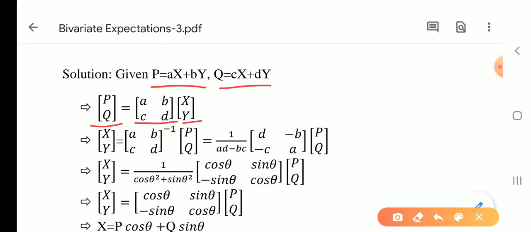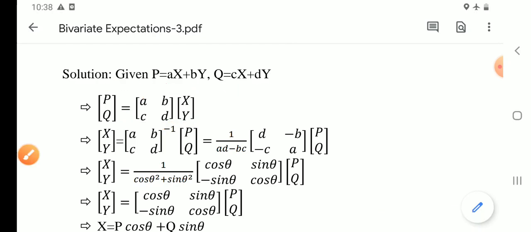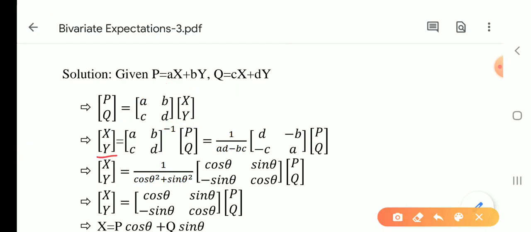Now what we have to do? We have to express XY in terms of PQ. So the square matrix ABCD we will take to the left hand side. When it goes to the left hand side, it will take the inverse. That is, the column matrix XY is equal to the square matrix ABCD inverse into PQ.